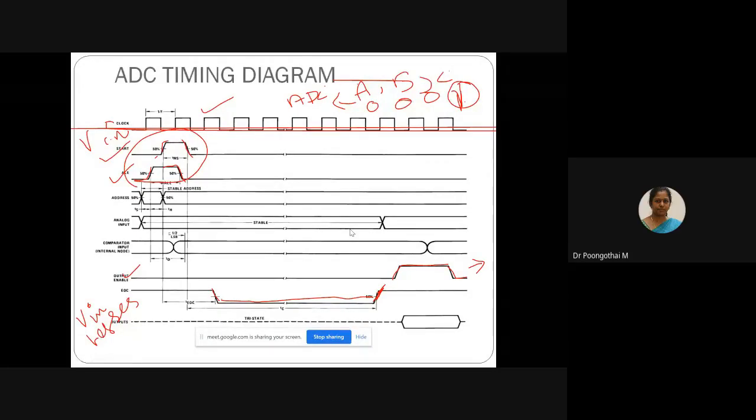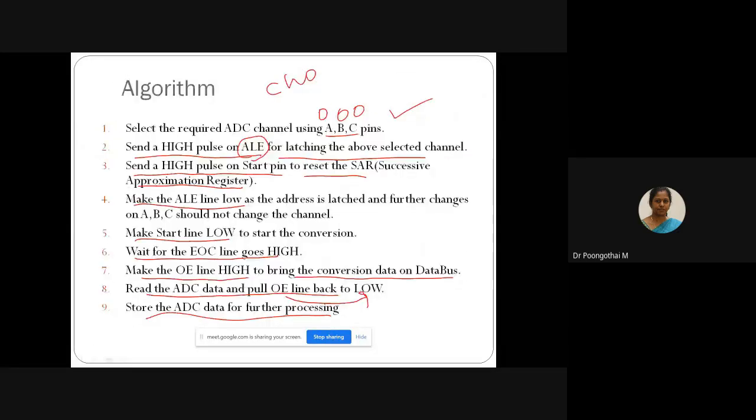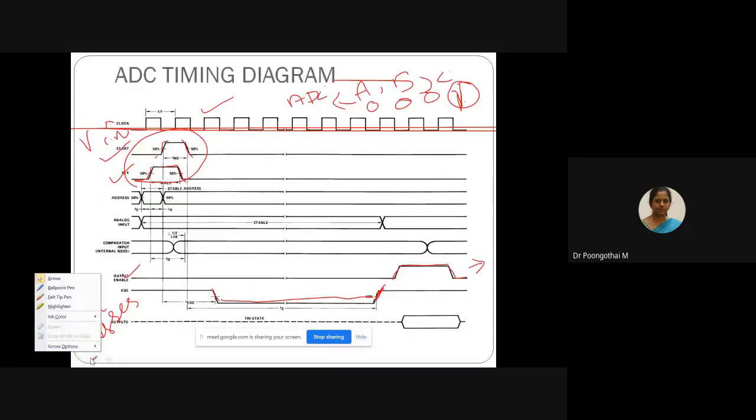So first ALE high, next start high. After some time, make your ALE low and start low. Okay.